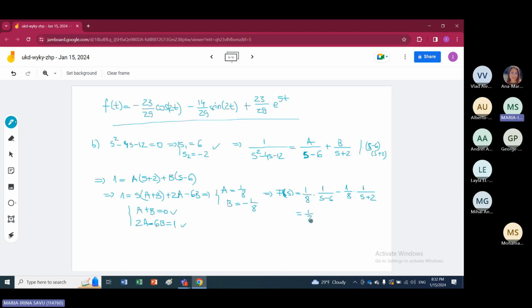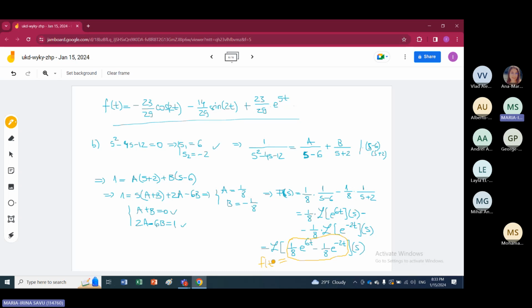Yes, and this is the Laplace of e power minus 2t. Sorry, minus 2, yes. And you know the Laplace is so 1/8 e at 6t minus 1/8 e at minus 2t, all computed in s. So our function f of t will be this one.